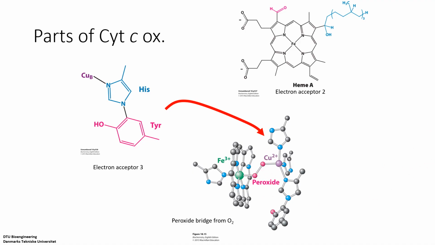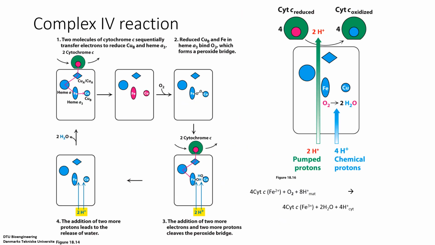And I will, in the next slide, actually show you how this is going on. So the reaction with complex 4 is that we form a peroxide bridge here that we break, and then we form some water molecules.